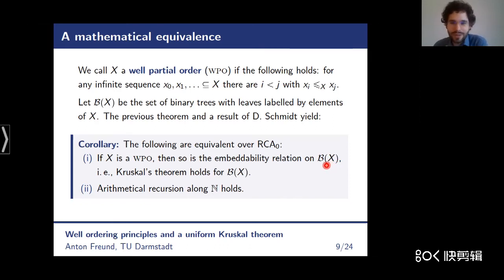So that sounds a bit complicated. The shorter way to state it is simply to say that Kruskal's theorem holds for binary trees with leaf labels. And this version of Kruskal's theorem with leaf labels is now equivalent to arithmetical recursion along the natural numbers. Yeah, we have a result from reverse mathematics now that proves an equivalence between one version of Kruskal's theorem and a typical set existence axiom.